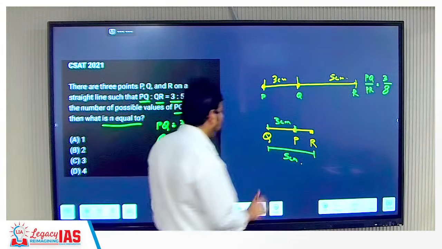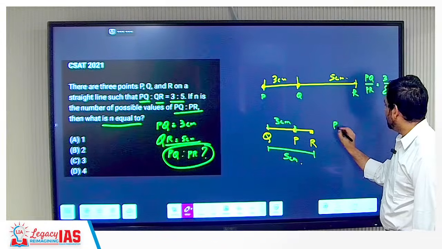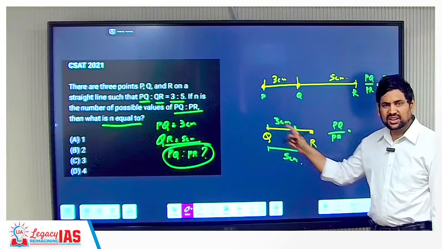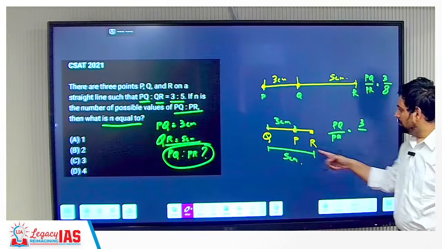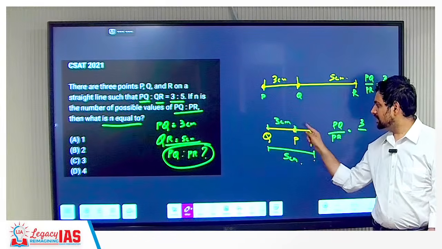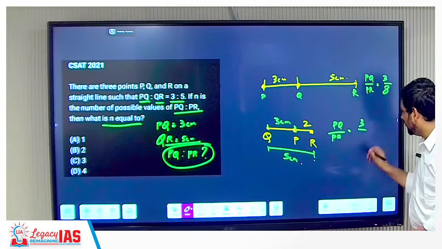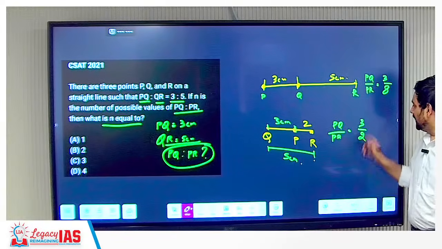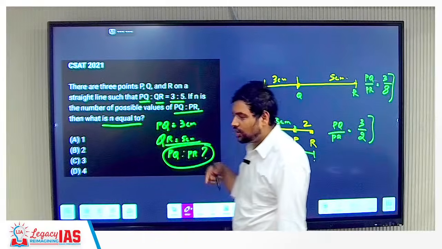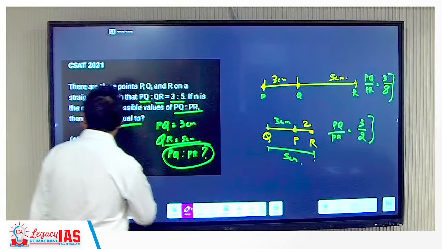So in this case, PQ by PR will be equal to what? PQ is 3, and PR is 5 minus 3, that is 2. So this becomes 3 by 2. Are they equal? No, they are unequal. So how many values are possible? There are only 2 values possible.